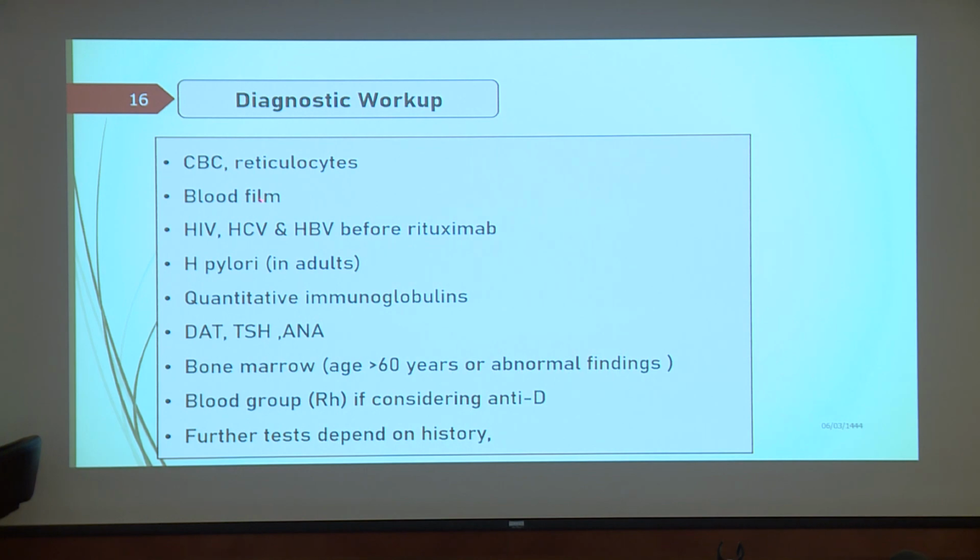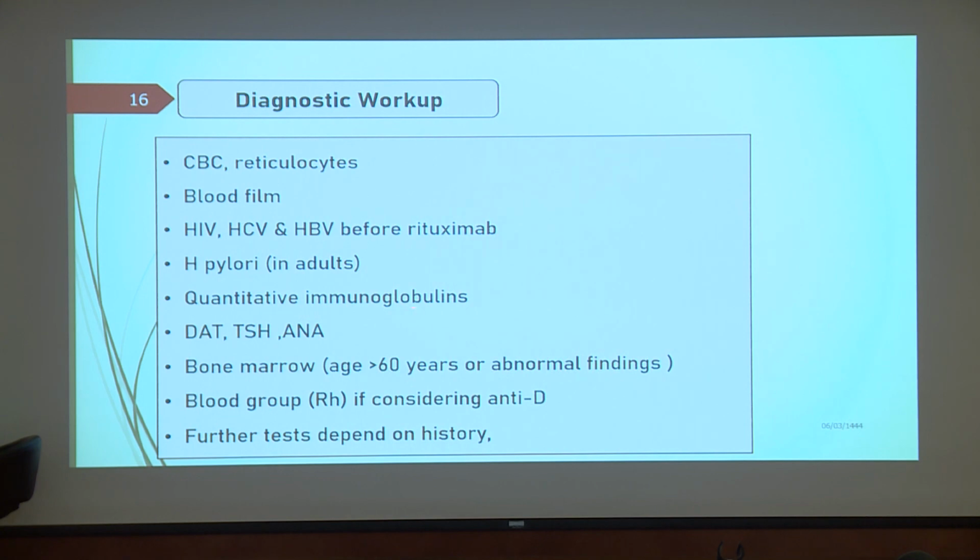The diagnostic workup of ITP includes CBC and reticulocytes to rule out the possibility of Evans syndrome, and a blood film to check for any abnormality, especially CLL or any lymphoma. HIV and hepatitis B testing, especially before rituximab. H. pylori, because it has been historically connected with ITP, and on many occasions they try to treat H. pylori in order to treat some refractory patients with ITP.